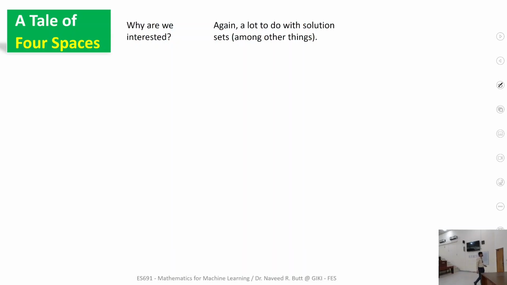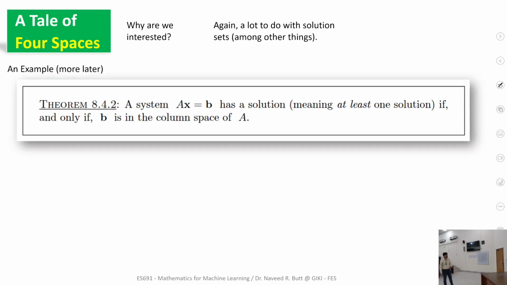Why are we interested? Again सारी कहानी हमारी जो है ना solution sets, analytical solutions, इन पे आ जाके ख़त्म होती हैं. So it's got to do with equations, solving equations, looking at solution sets.